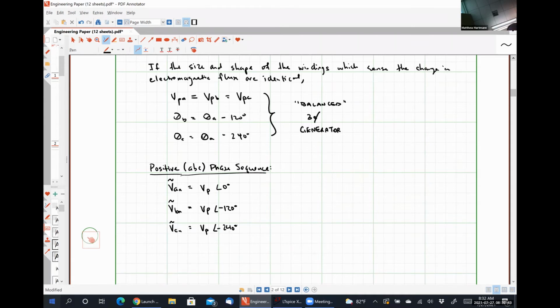So that's just the RMS phasor domain representation of those three time domain voltages I drew out earlier. If our rotor is rotating in the opposite direction, so clockwise, we would get a negative or CBA sequence.